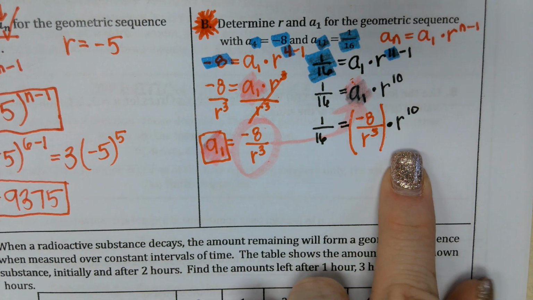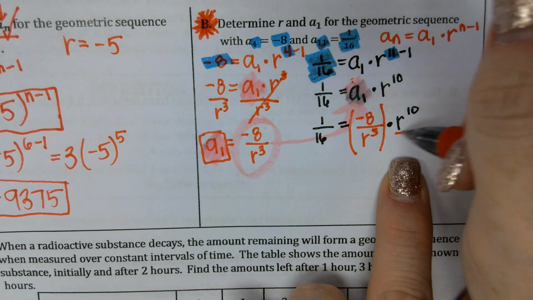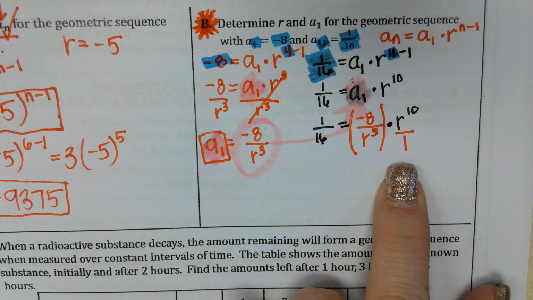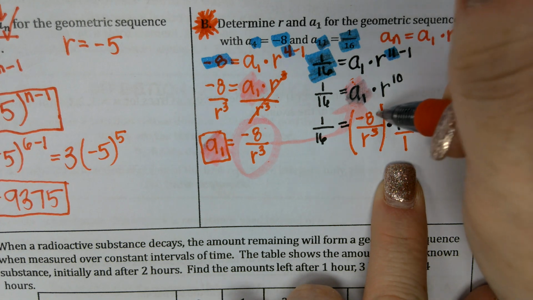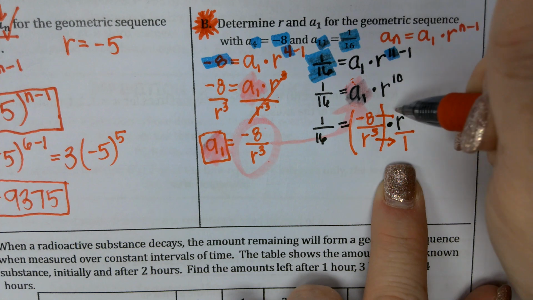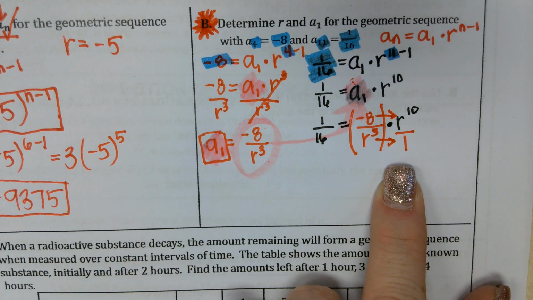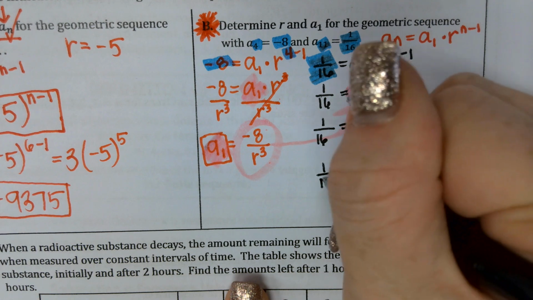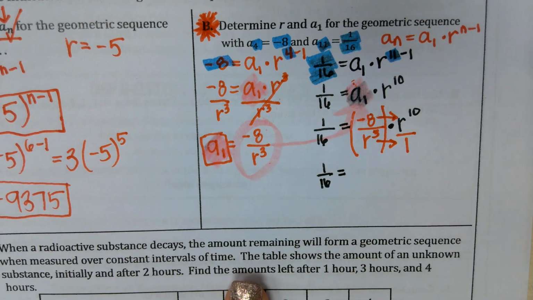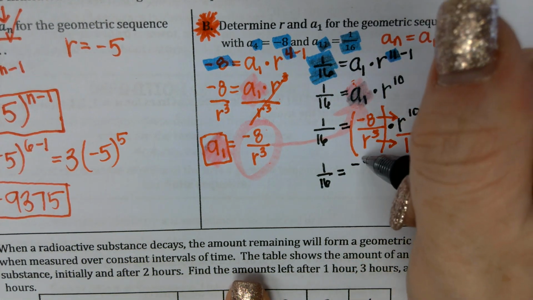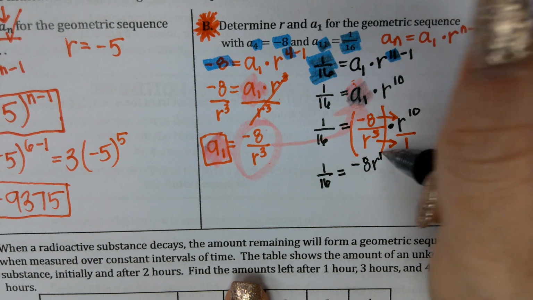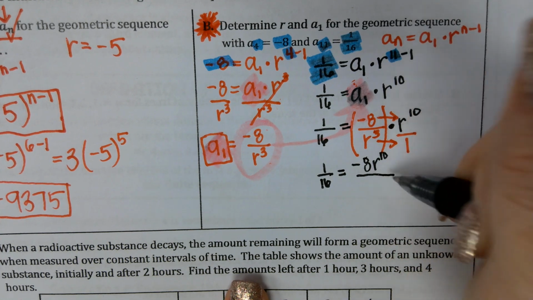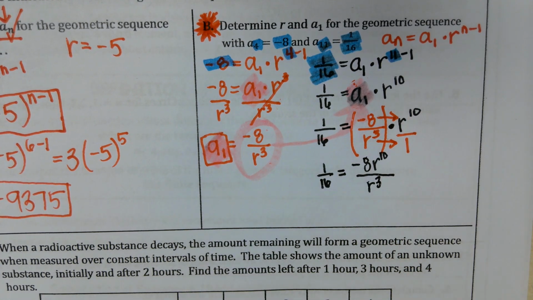Now, right here, R to the 10th can be written as a fraction. We multiply fractions straight across. So this is 1/16 equals negative 8 R to the 10th over R cubed.